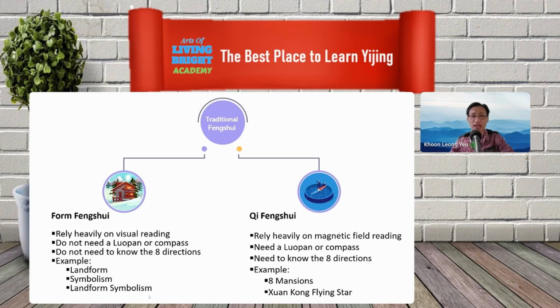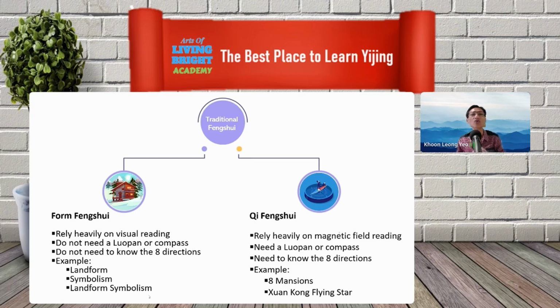Some designs will look like the ancient Chinese pen holder, like a mountain like that one, pen holder, some structures like that. So all these are symbolism. If you see a pen holder kind of design, it means this house is good for scholars, something like that. Also, all these are symbolism from feng shui. No need for direction, no need for readings, no need for luopan.